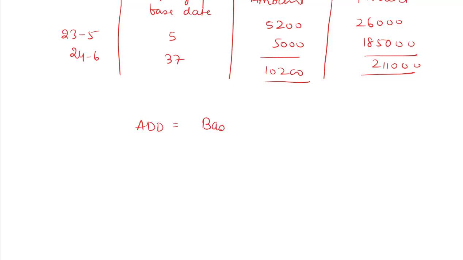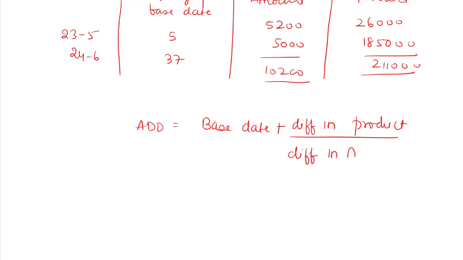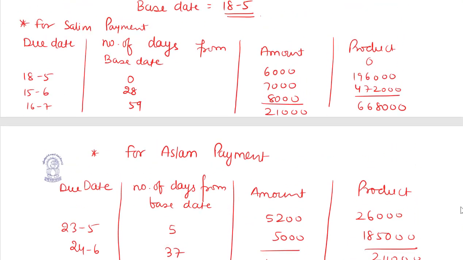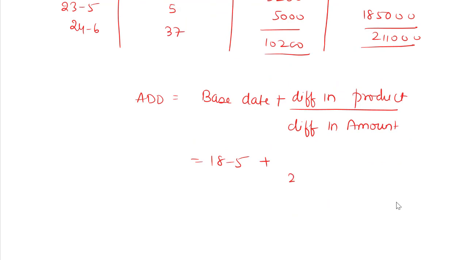Average due date equals base date plus difference in product in relation to difference in amount. Base date is 18 May. Difference in amount first, 21,000 minus 10,200.